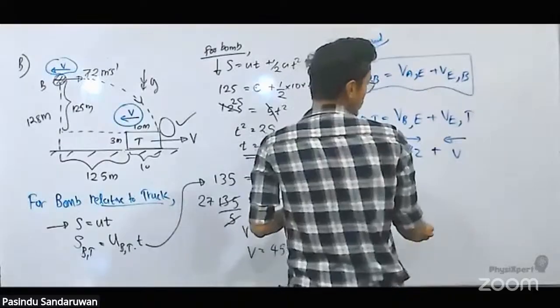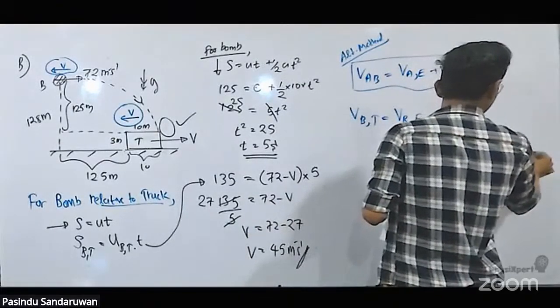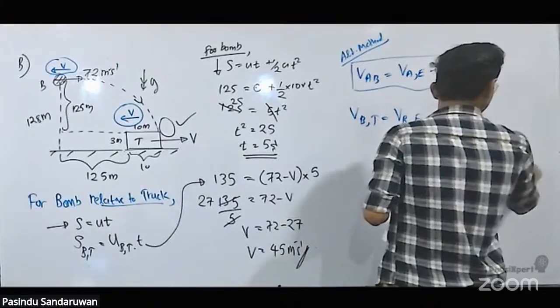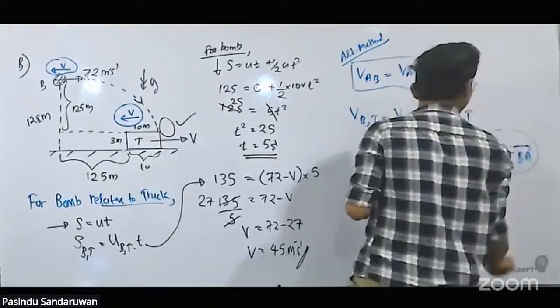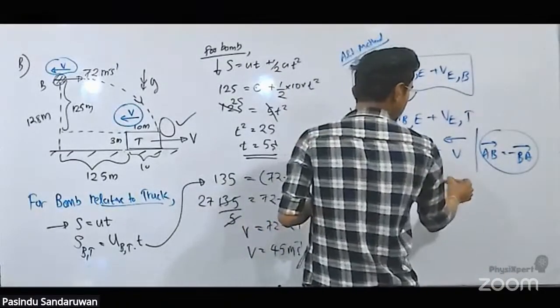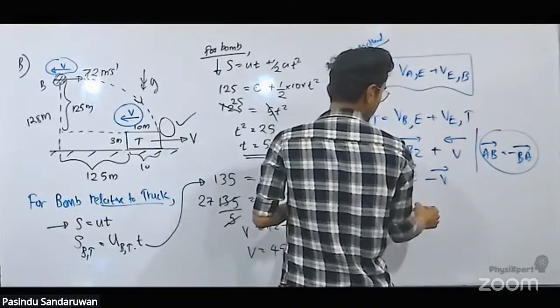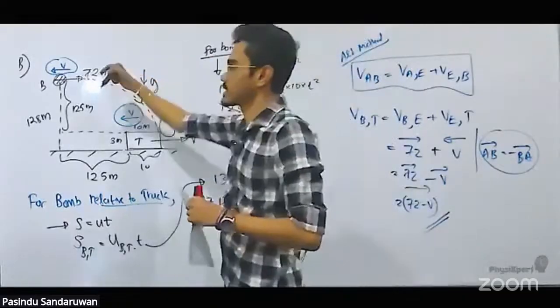Right? So we know we can write vector AB as minus vector BA. No? You can write vector AB as minus vector BA. Then this is 72 rightwards minus V rightwards. So this is 72 minus V rightwards. So this is what I wrote at once.